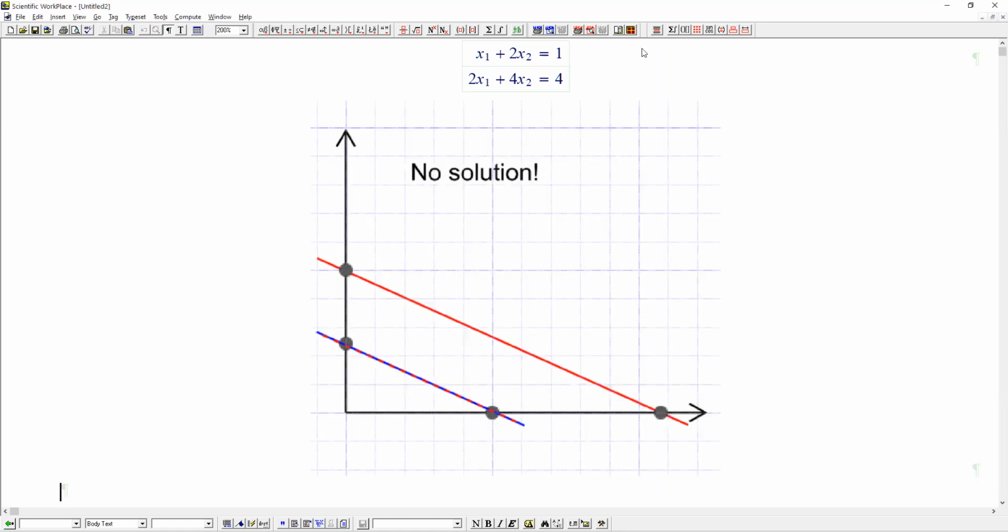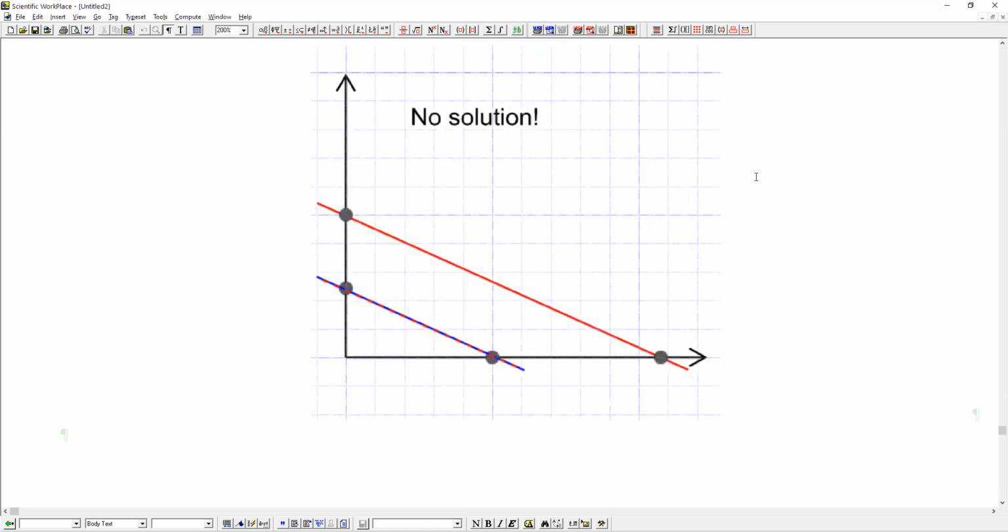Okay, so the problem arises when the coefficients of one equation are multiples of the coefficients of another equation.